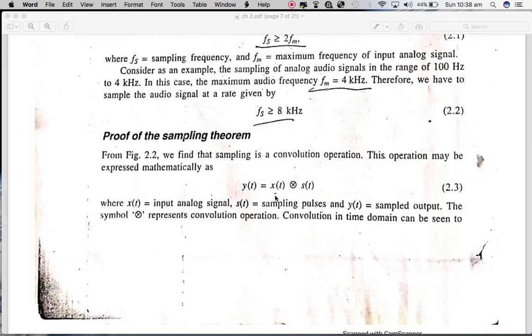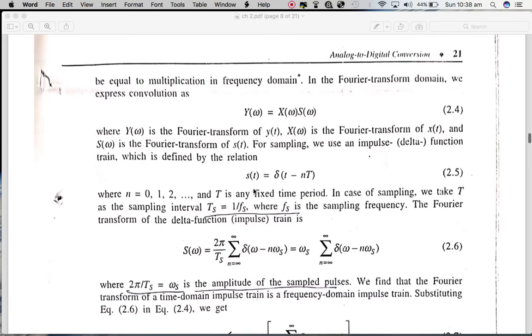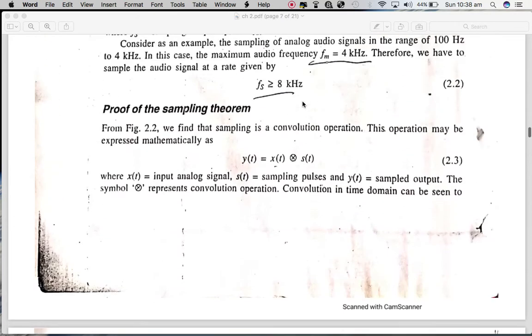There are two ways to prove it: either in the time domain with the help of convolution, as indicated by this mathematical model, or in the frequency domain, in which it can be proved with the multiplication operator in an easier manner.